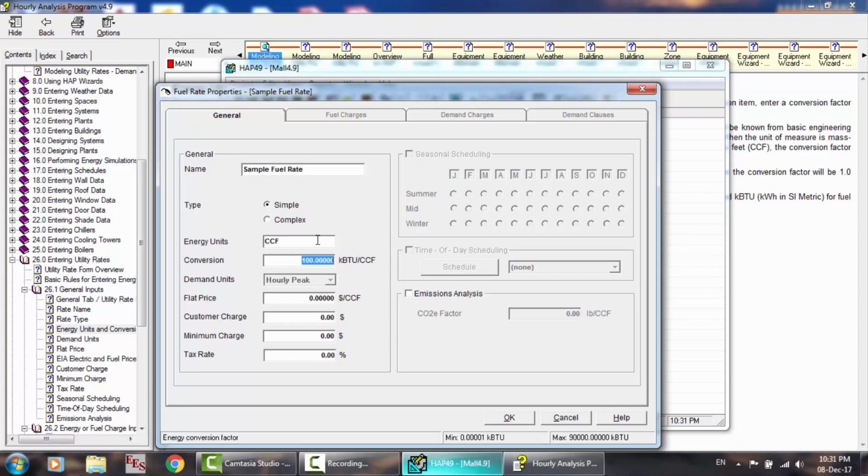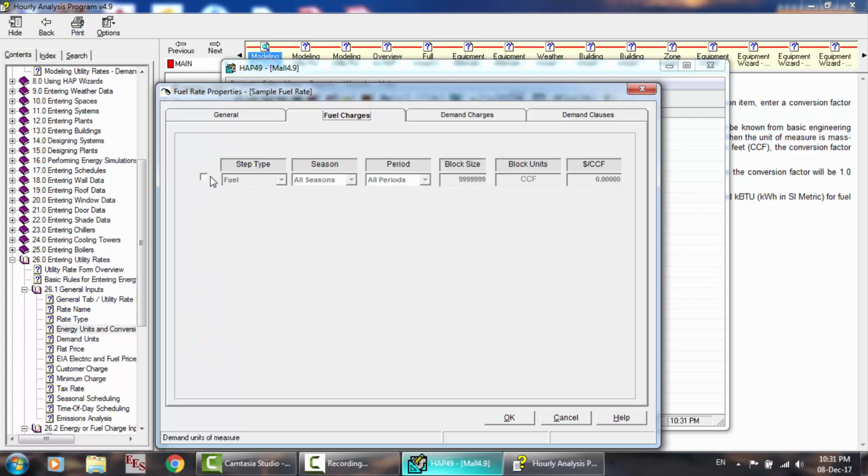Okay. So here simple, and the same thing that we have said about the electric, you will find here again. But here the complex, here the dimensions, it may be hourly peak or daily peak. You can define what you want. Also the seasonal scheduling, the time and emissions are the same.